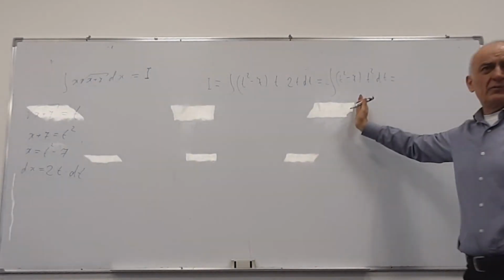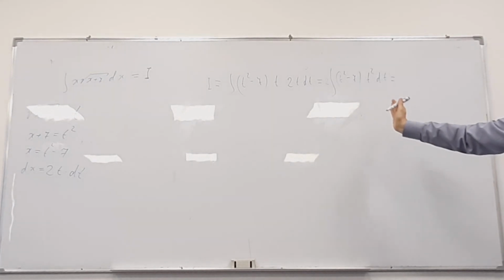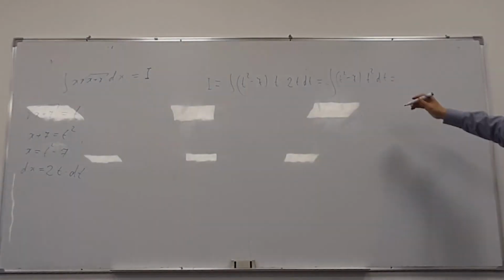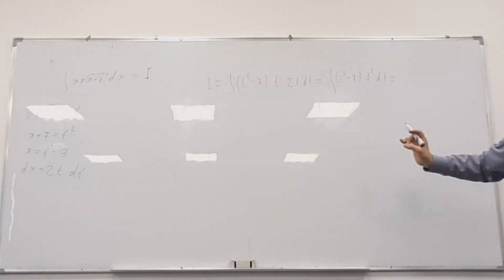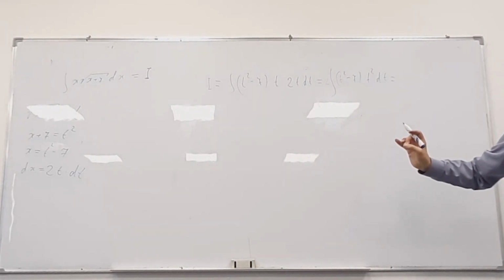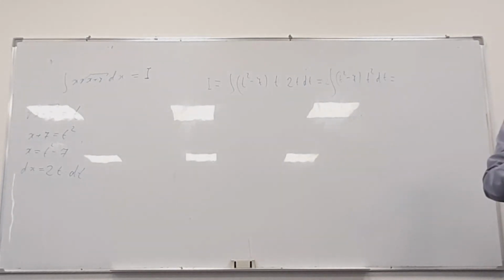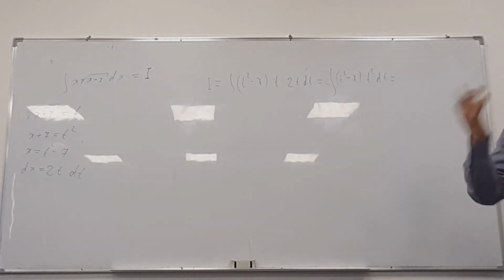So now we need to multiply and then break up the integral. We will have a difference of functions, integral of difference of functions, and we know that integral of difference of functions is equal to the difference of integrals.